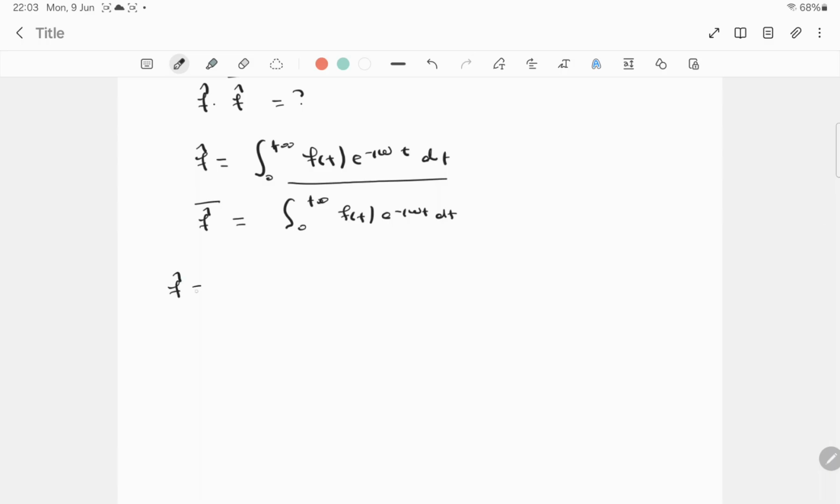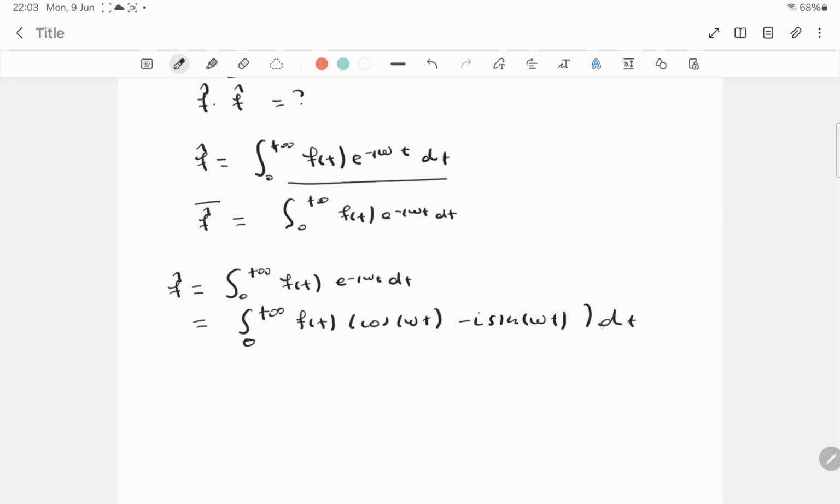So f hat, we can rewrite this in the following way. We will use Euler's identity for the exponential because it's a complex exponential. So that is cos omega t minus i sine omega t dt.